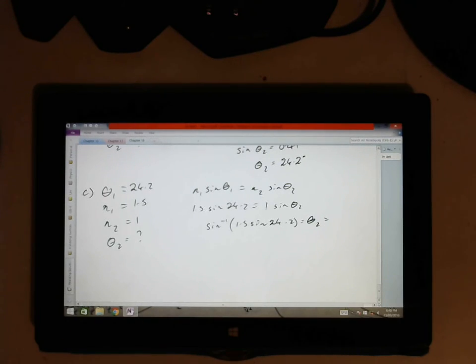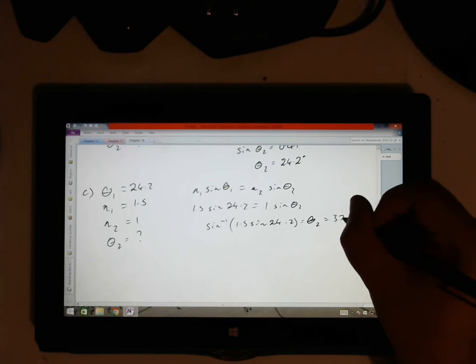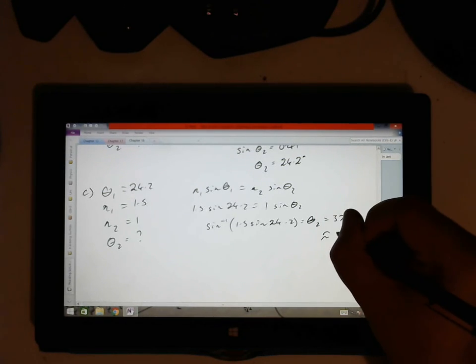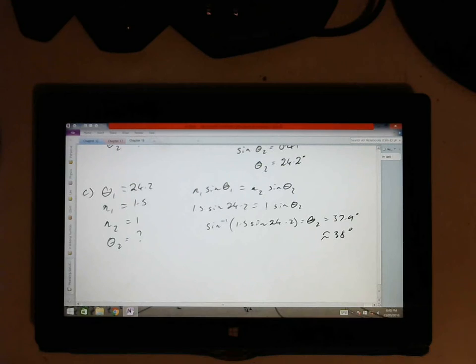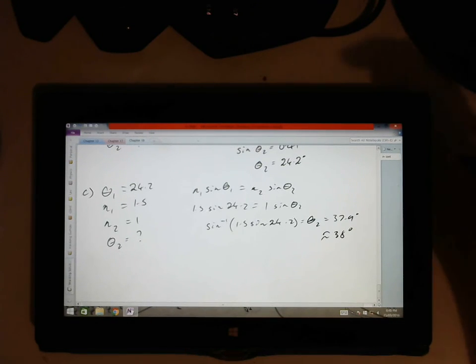So sine of 24.2 times 1.5, take the arc sine, we get 37.9 degrees, which rounds to 38 degrees. Being as we had some rounding errors going through that, the fact that we've almost arrived back at the same number is pretty good.